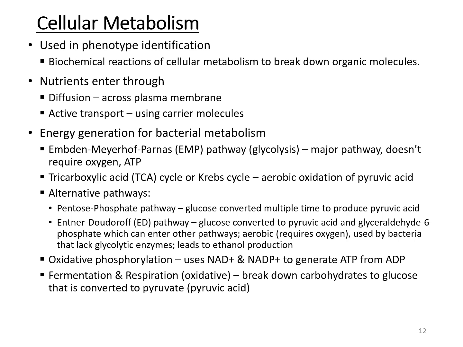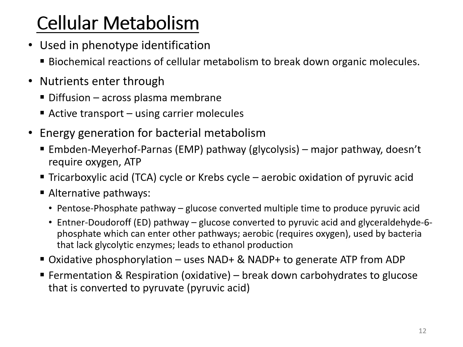This is where glucose is converted to pyruvic acid, as well as glyceraldehyde 3-phosphate, which will enter into other pathways, and then it can assume one of the other pathways to generate that energy.